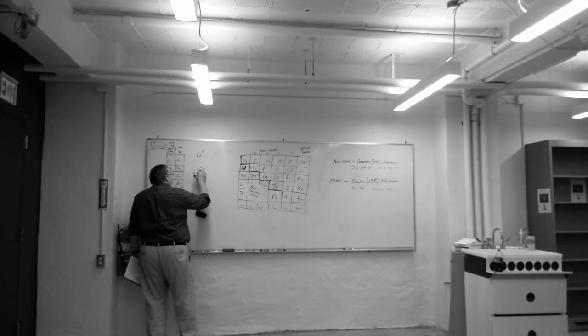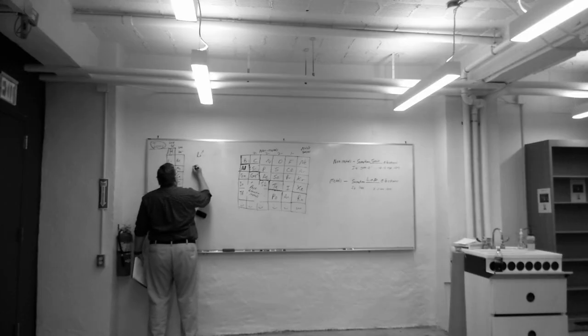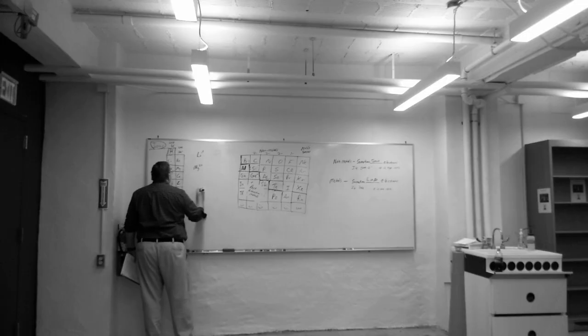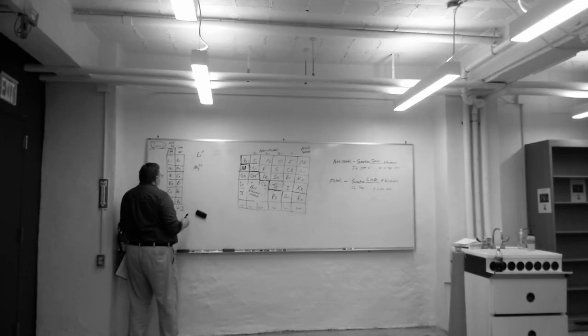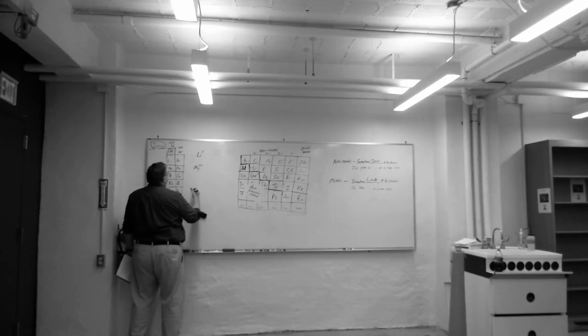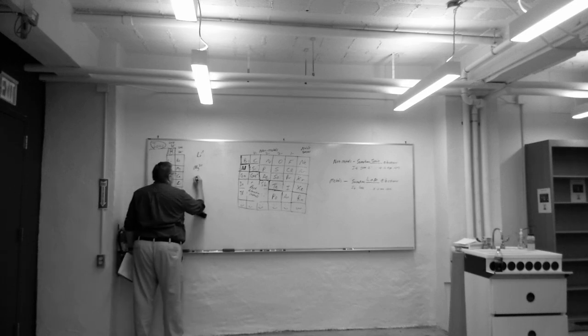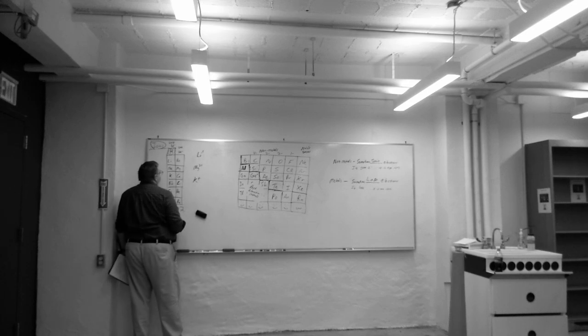I'm not going to write the 1. If we have magnesium, what's the charge on it when it's an ion? 2 plus. Let's grab an extra one here. Let's do potassium. So it'll be K plus.